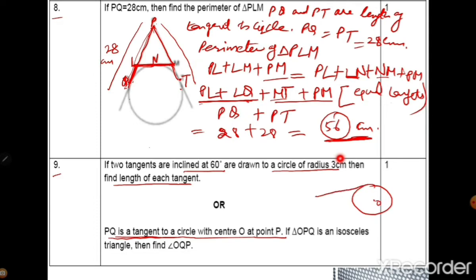If PQ is a tangent to a circle, then triangle OPQ is an isosceles triangle, and then find angle OQP. Here is P, here is Q, we'll join this one. This is the radius of a circle. As we know that radius is perpendicular, so this will be 90 degree and this will be hypotenuse, and one is base, one is perpendicular. So this will be the diagram.